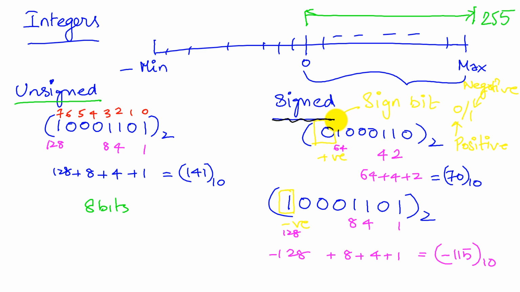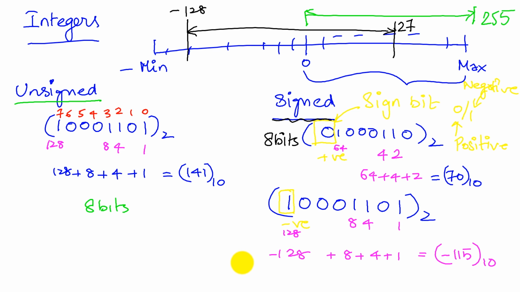Now, if I have a signed number, again in 8 bits, because I have to represent both positive and negative numbers, I will only be able to represent 127 on the positive side, and I will represent minus 128 on the negative side. So the range is from minus 128 to plus 127.